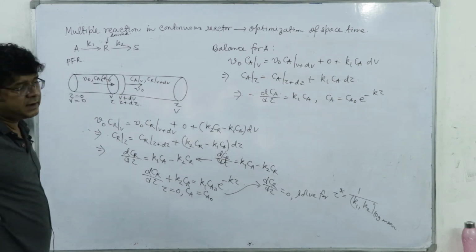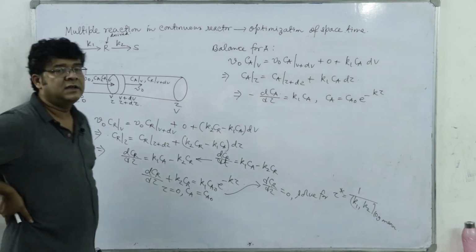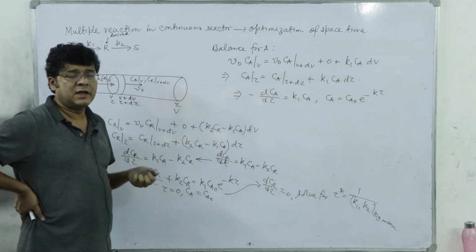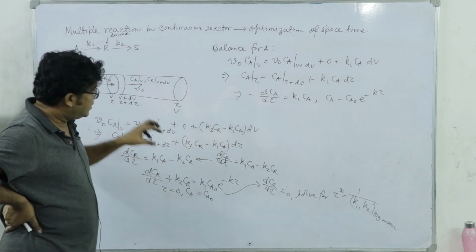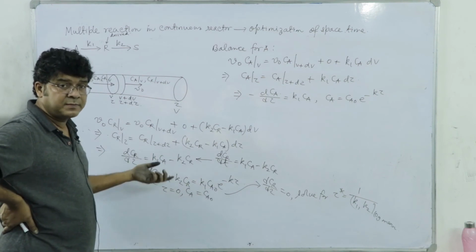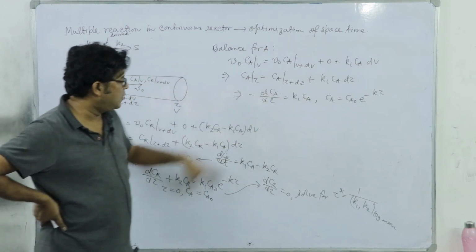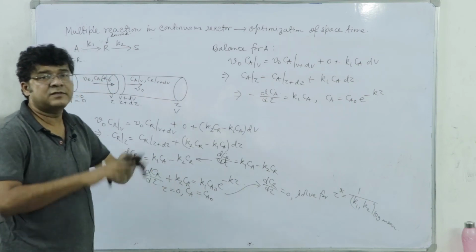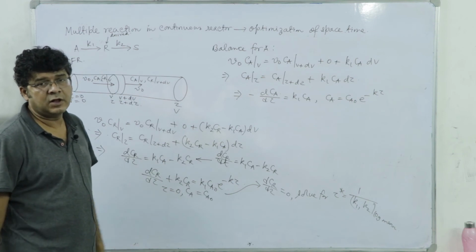So always write the balance equation for the desired compound, and there you will see some unknown concentration terms are appearing. Just like here we have an unknown concentration term Ca. Now write the balance equation for that specific component, right, in order to express it in terms of known concentration, substitute it back, so you get an explicit equation, then solve it and take the derivative and all.